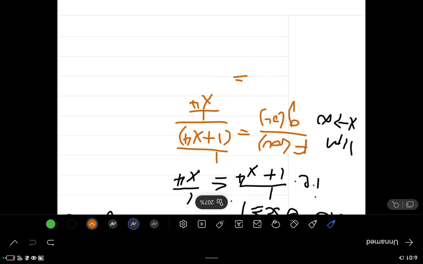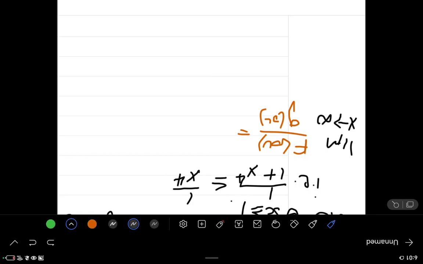If I change this, I'll get x to the 4 over 1. No, I must use the limit. Why am I not writing the limit? Must use the limit: the limit as x approaches infinity of 1 over 1 plus x to the 4 over x to the 4.